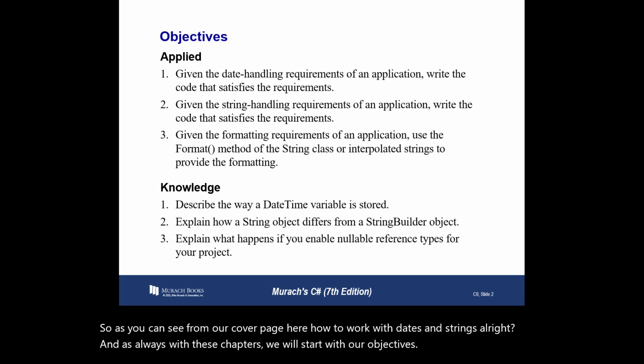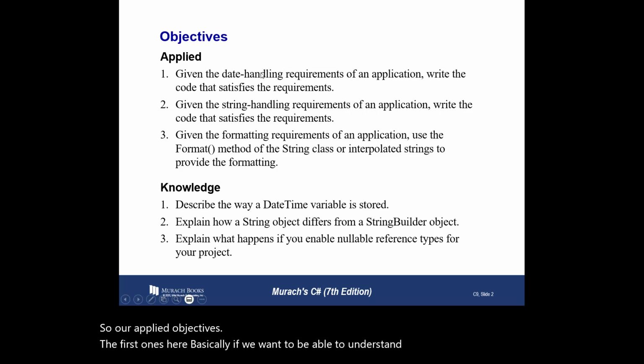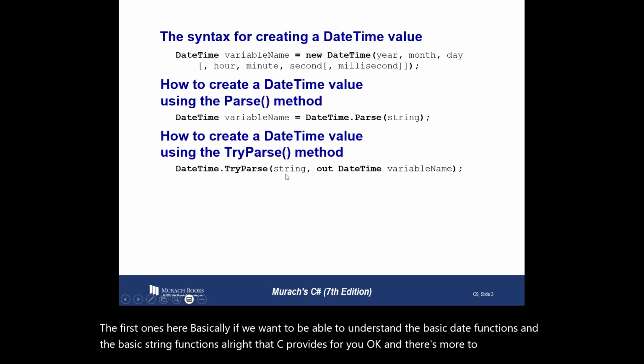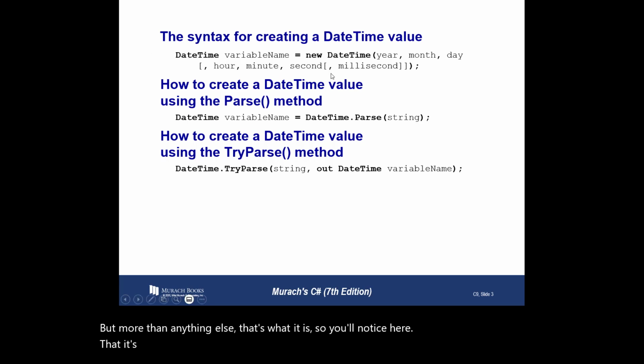So our applied objectives, the first ones here: basically we want to be able to understand the basic date functions and the basic string functions that C# provides for you. There's more to it than that, but more than anything else, that's what it is. You'll notice here that it's a DateTime class that you typically use.